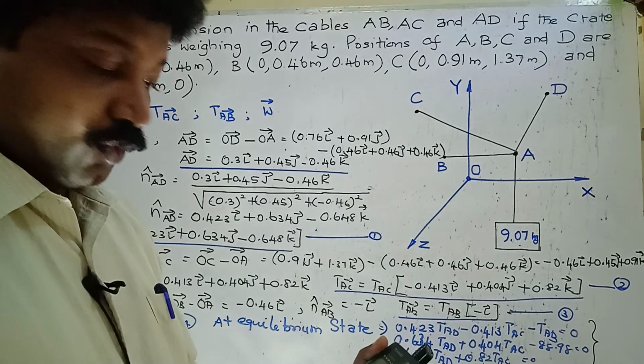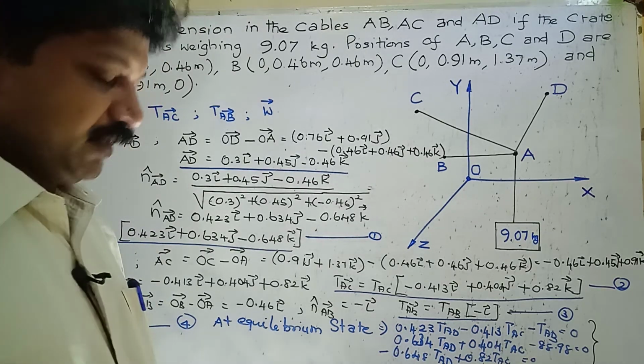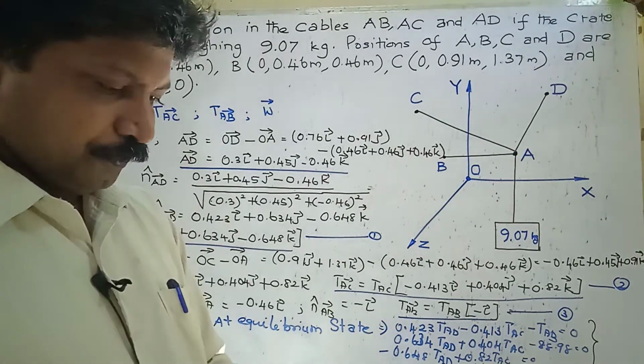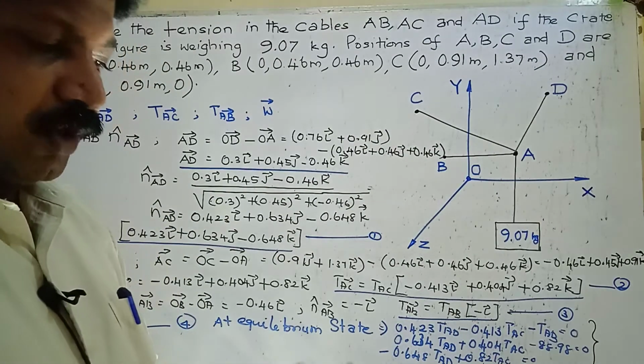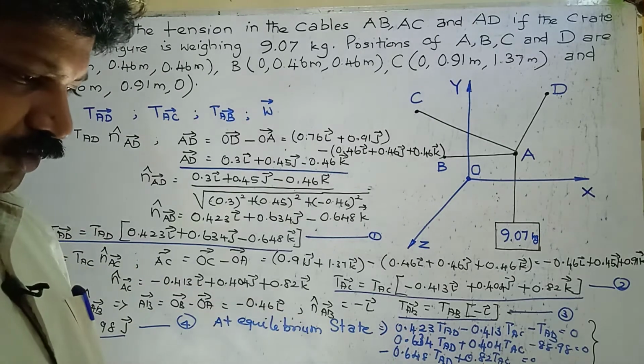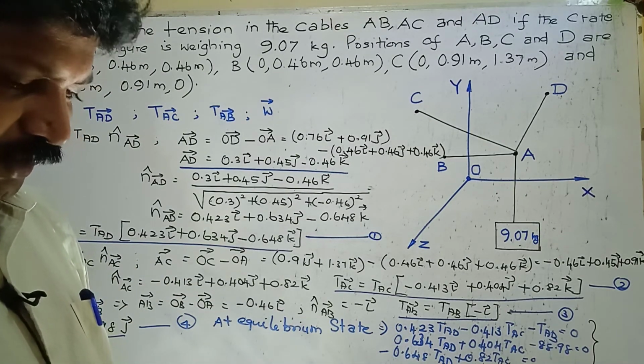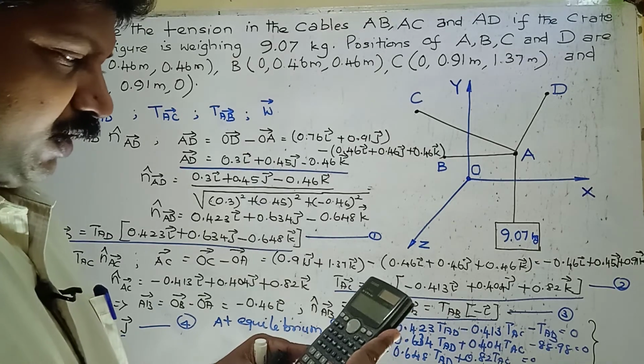Now the number of unknowns is 3: TAD, TAC and TAB. So press 3. Now A1? What is the A1 value? 0.423. So type 0.423, and then press the equal symbol.